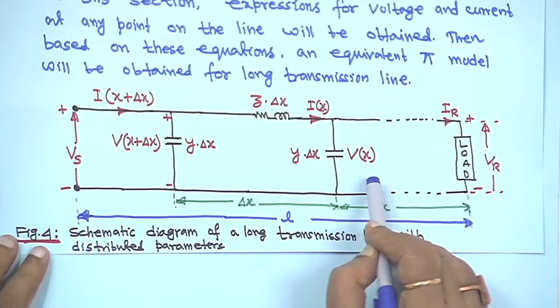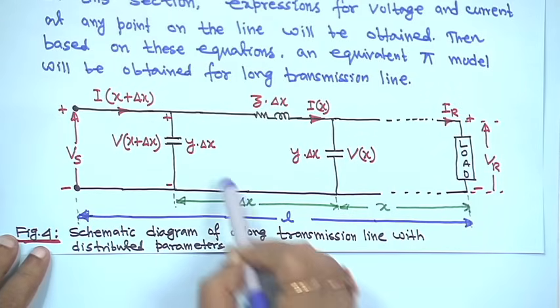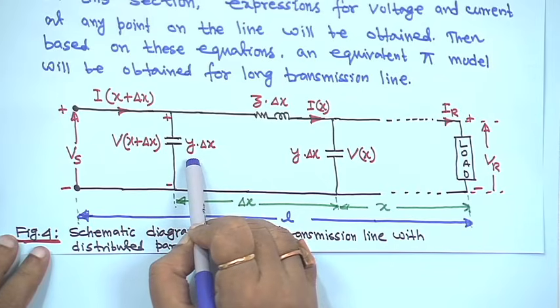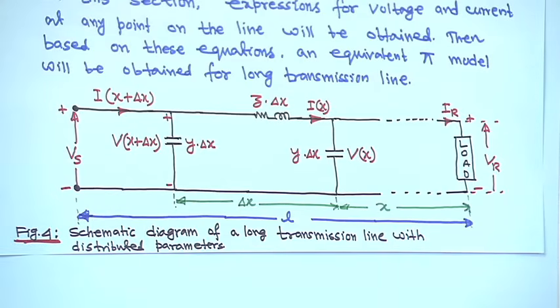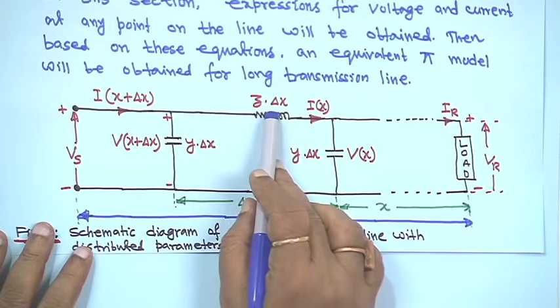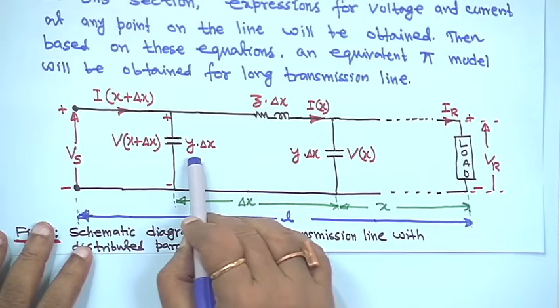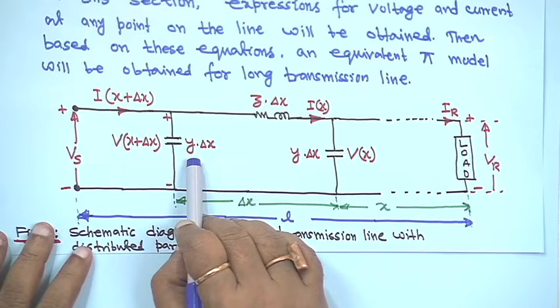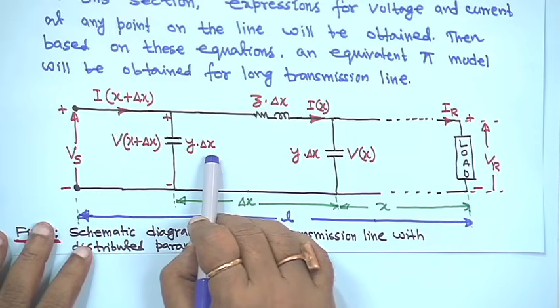For the small length delta x, small y again is not the total admittance; it is per unit length. When I was giving the nomenclature, I told you small z is impedance per unit length and small y is admittance per unit length, and delta x is the length, it may be in meters.